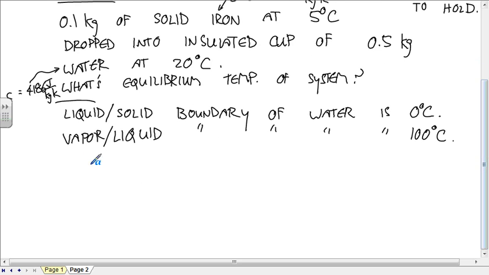Okay, so the idea is Q1 plus Q2 is equal to 0.